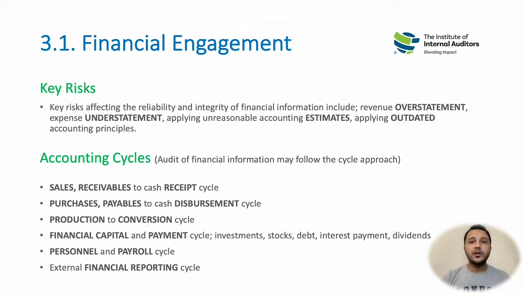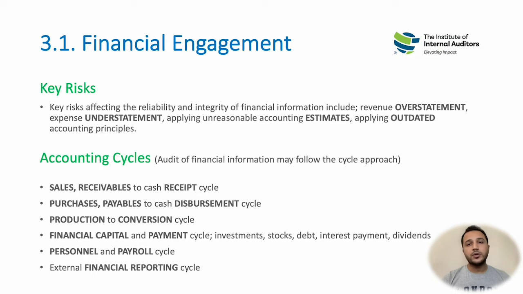So sometimes they can use that area and use the estimate which will result in a more favorable result to them, or to the reader, rather than the one which is supposed to be used. So this is also one of the areas that could lead to a high risk.